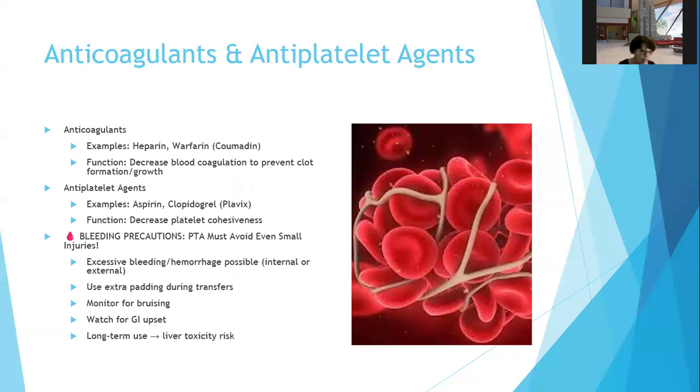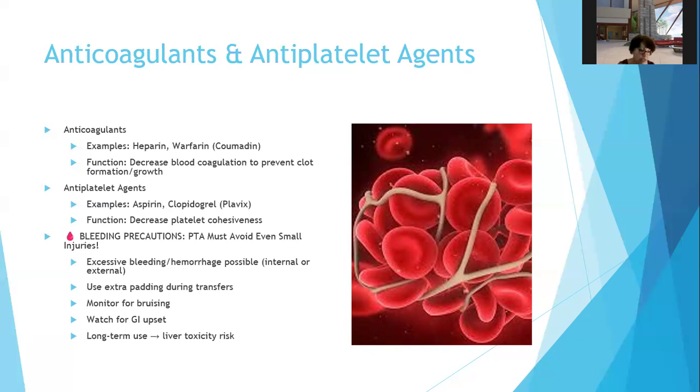So anticoagulants and antiplatelet agents. Anticoagulants are medications that decrease blood clotting so that clots are less likely to form or grow. They don't break up existing clots, so they're not like the clot busting drug that they use when you're having a stroke, but they do help prevent clots from forming and slow the growth of thrombi if they exist.